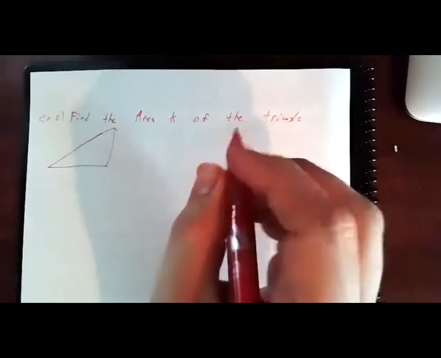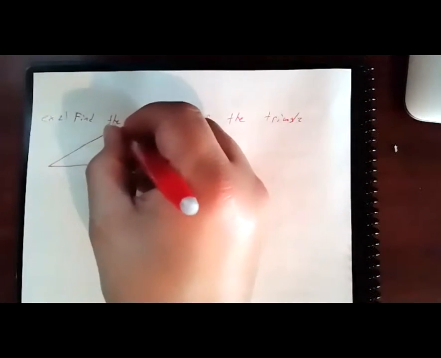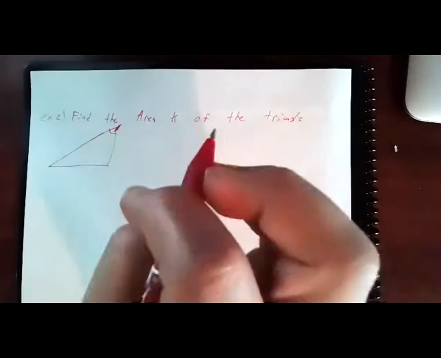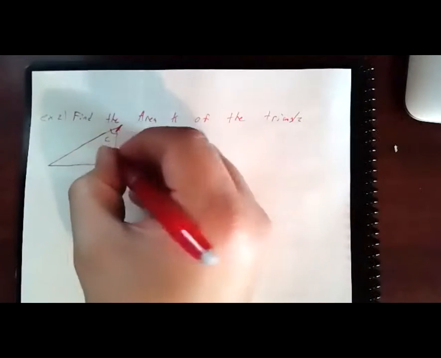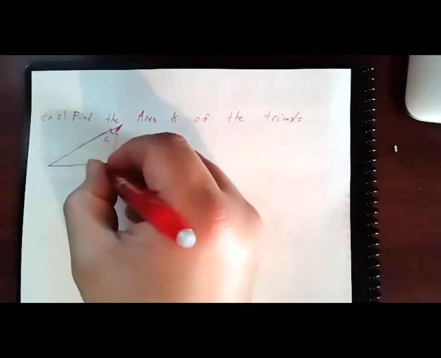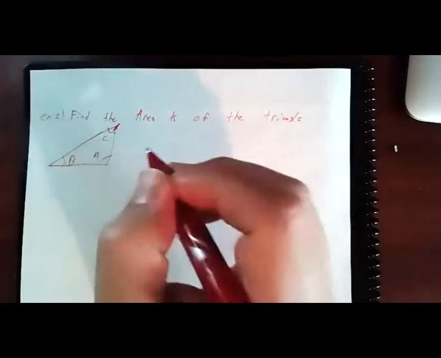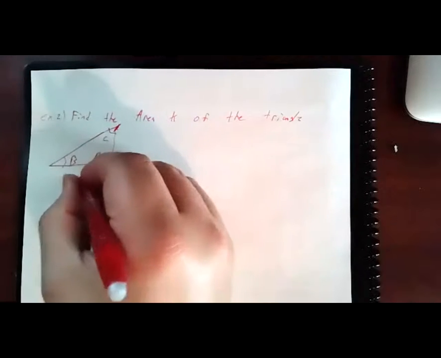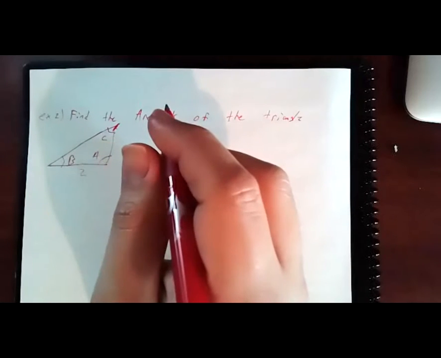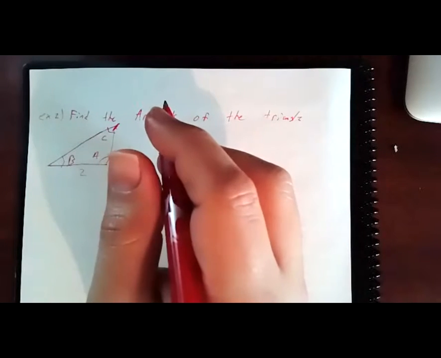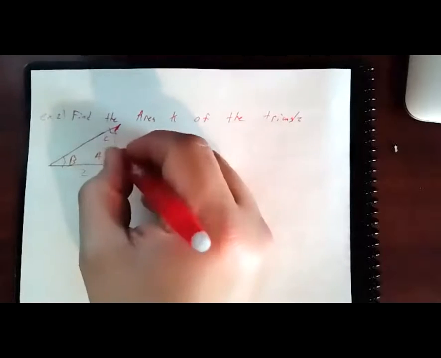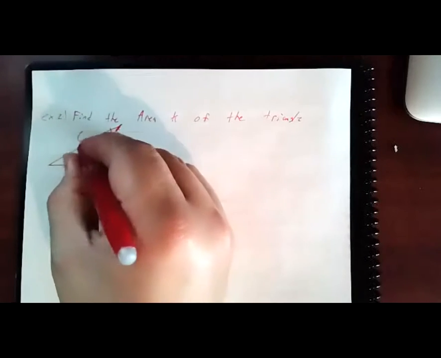Okay, so here's C. Here is A, B, 2, 5, 6.